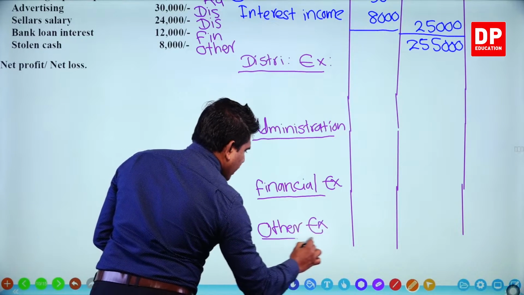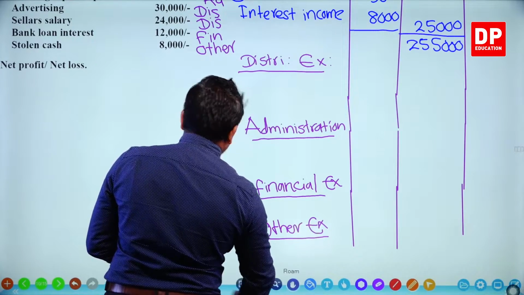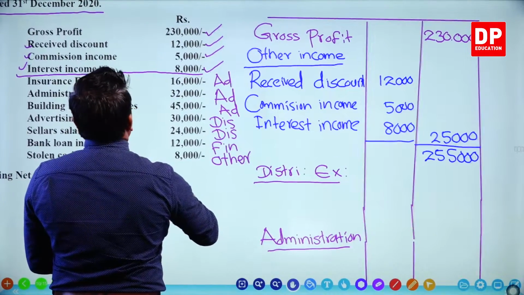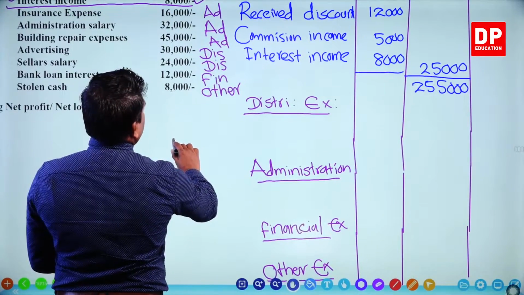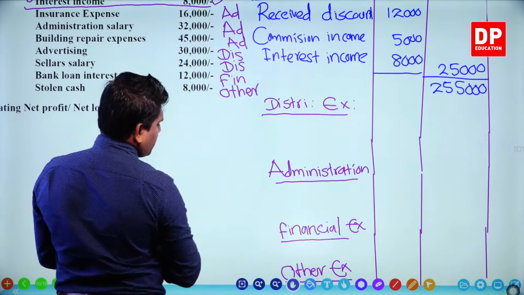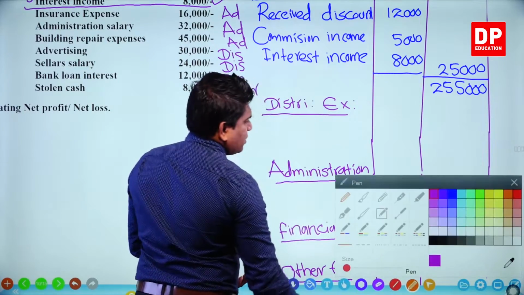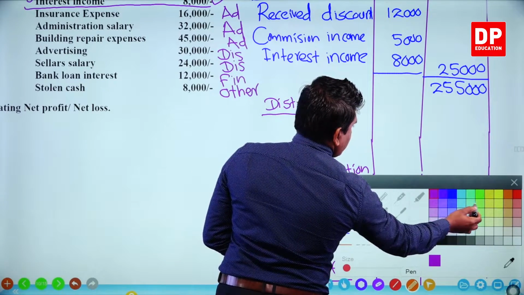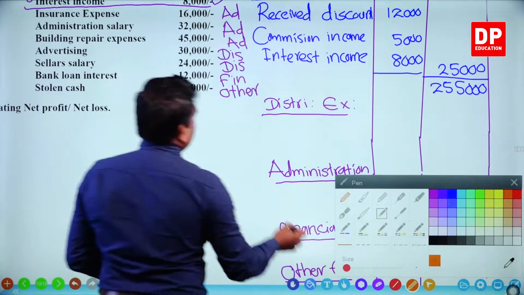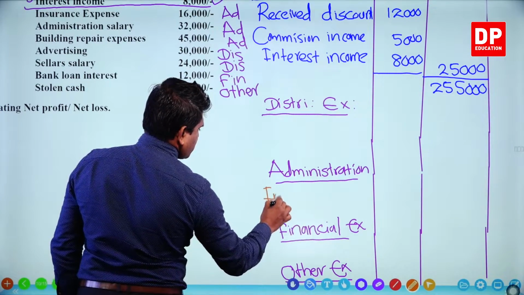Now you can pick one by one the details from the question, right? What is the first one? First one is insurance expense 16,000. Where do we put insurance expense? Insurance comes under administration, right?